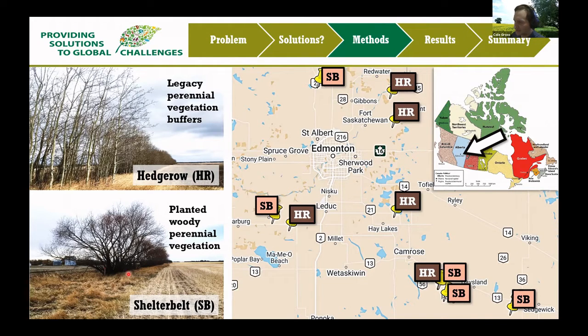So the shelter belts are typically a single species planted in a row of one specific age. So we had 5 shelter belt systems and 5 hedgerow systems.